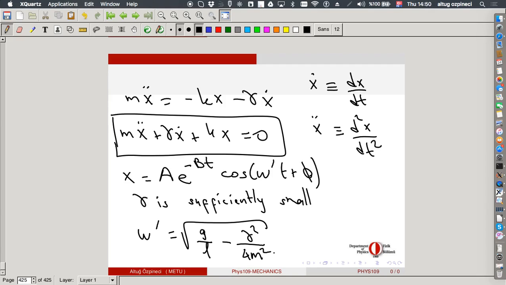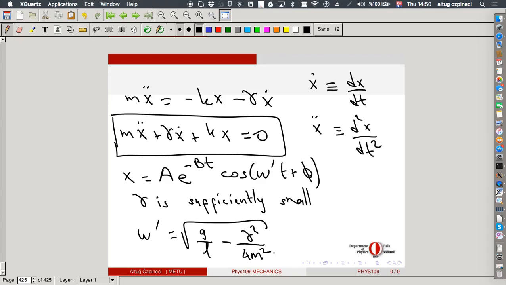If the motion is slower, it will take a longer time to cover a certain distance. So that's why we expected that the frequency of oscillation for a damped oscillator would be smaller than the frequency of an undamped oscillator.